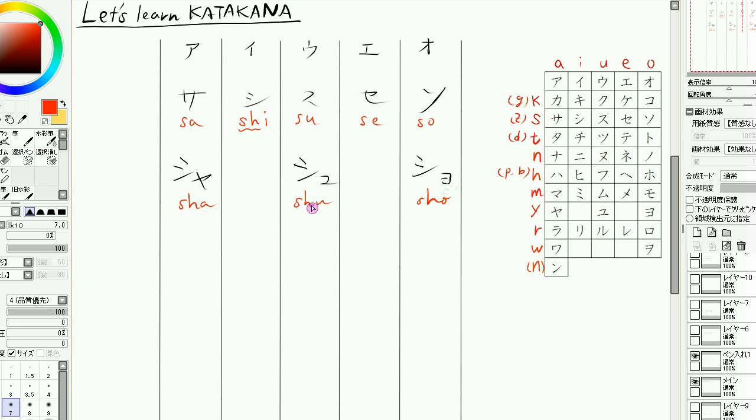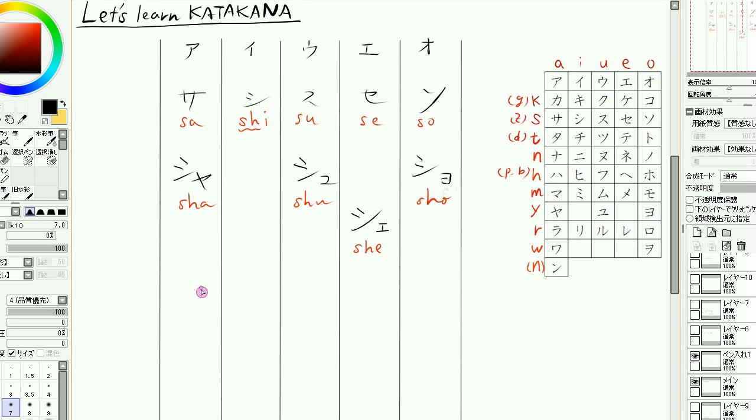So, sha, she, shu, sho. What happened to she? We put shi plus small e, and that will be she. So you already know that.